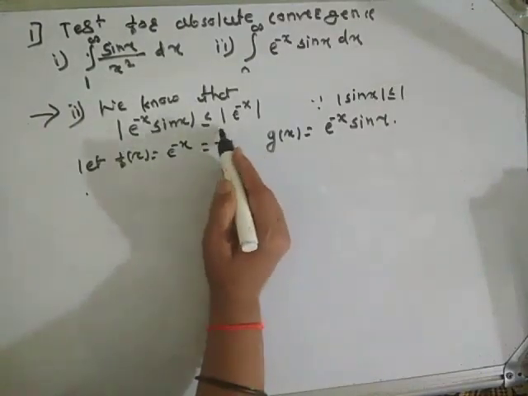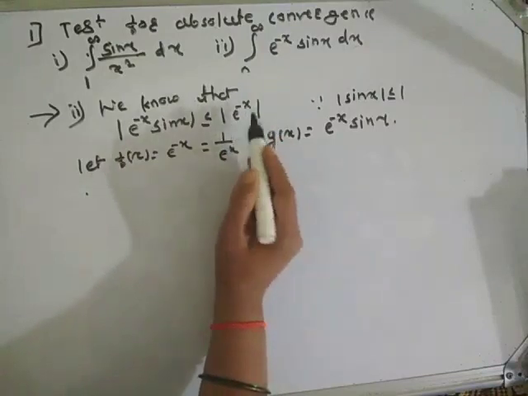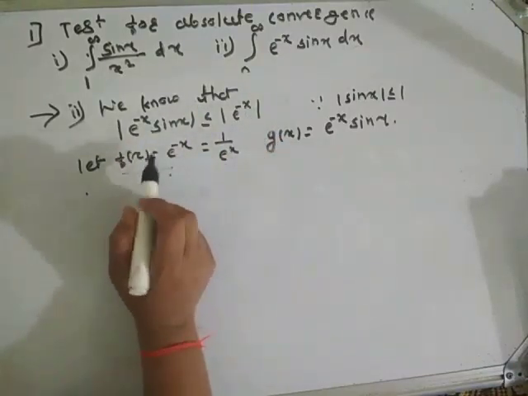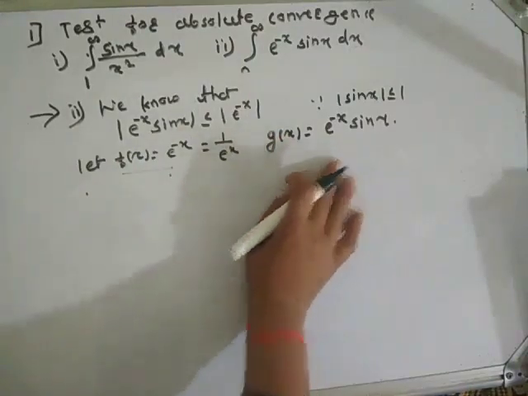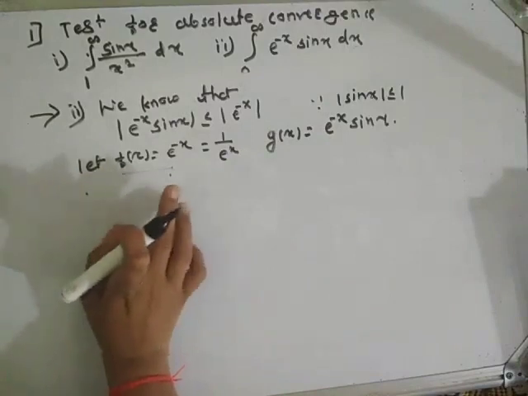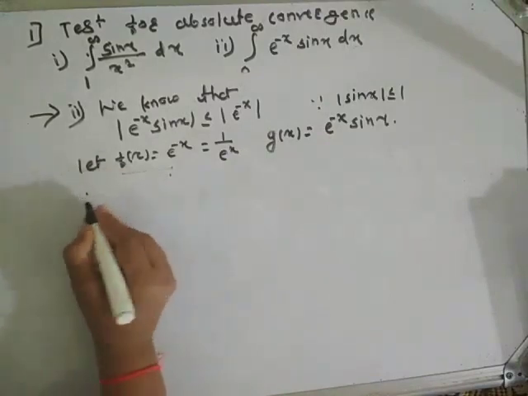If this integral converges absolutely, then integral g of x converges absolutely. So our aim is to show that integral f of x dx converges absolutely.